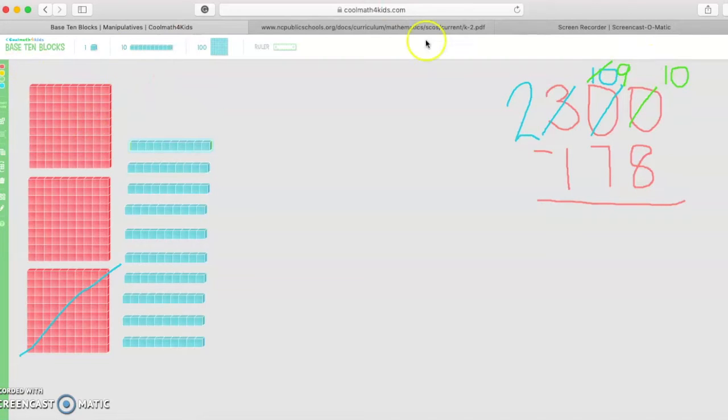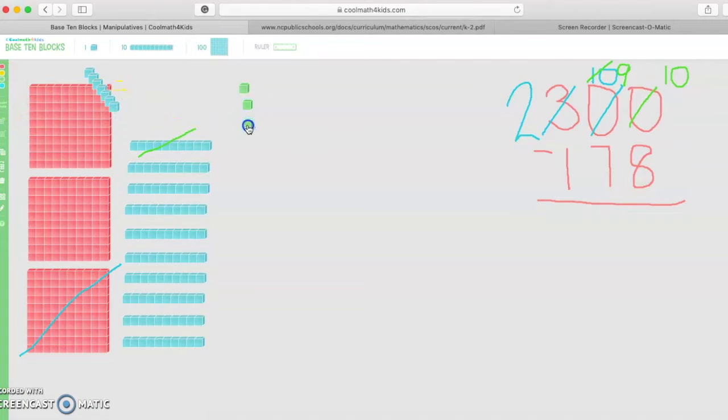I'm going to take away one of these, and this is now going to become 10 of the little ones. And I'm just going to make these green so it matches my problem to the right of the screen.